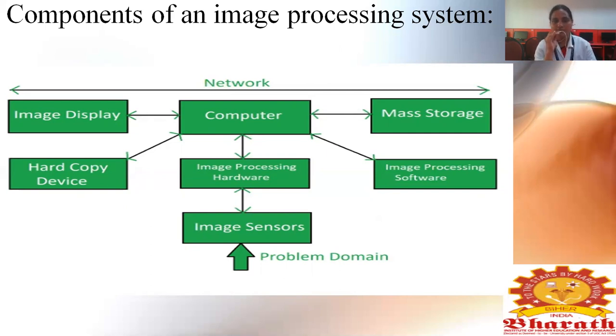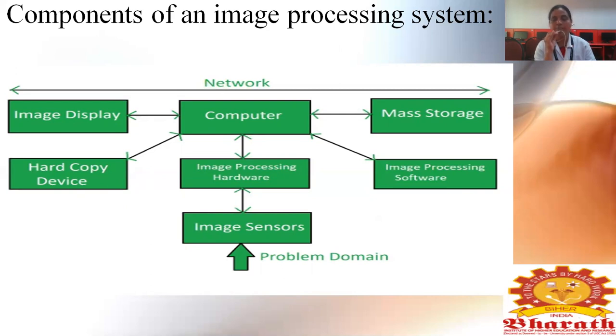And here we have some image processing hardware. The image processing hardware is specialized, and we can use it for our application. This hardware is used for processing the images, and it changes based on the application.